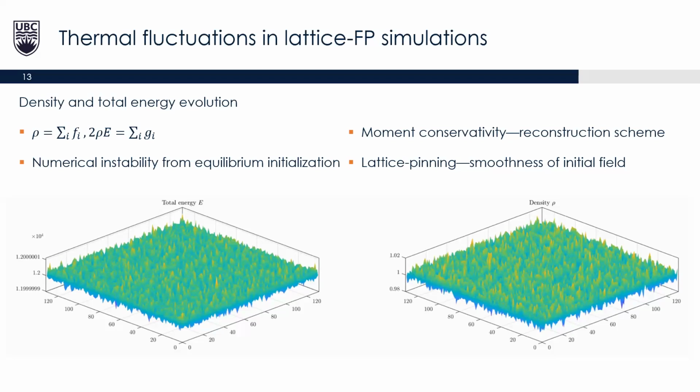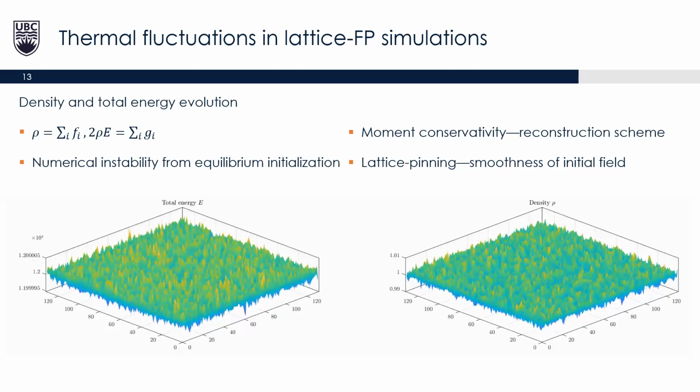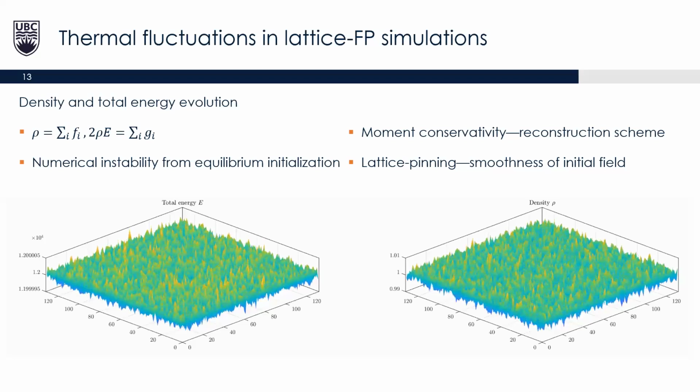And then really what we want to look at is here the density, for example, and total energy and density. And what you'll see in these fluctuating fields is that there's some instability to start with. But in the end, it seems like you can evolve the fields with this sort of methodology.